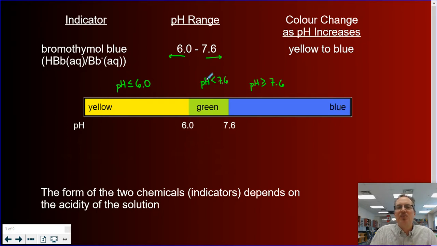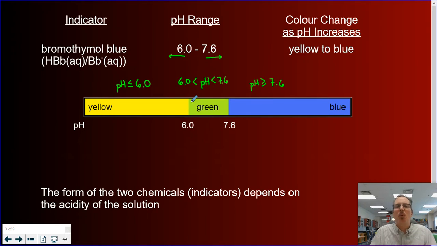Again, read from the pH sign. When the pH is greater than 6.0, it's also going to be green. So when the pH is greater than 6.0, and when the pH is less than 7.6, both of these criteria, that's when we're going to get the green color. Now, I'm trying to figure out, well, why is this indicator sometimes yellow?